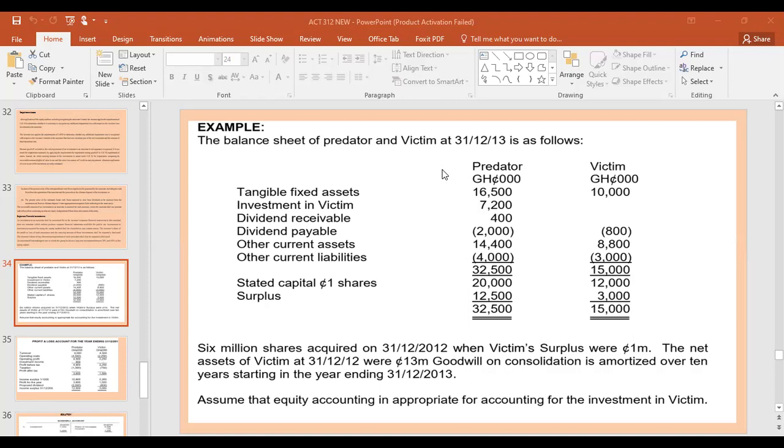Then you continue. Current assets. So under current assets, you have dividend receivable, 400. Then you also have other current assets, 14,400.